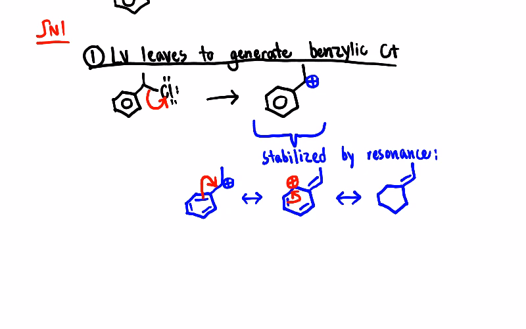We'll go ahead and draw that in. The positive formal charge is now on this carbon atom. And then we'll draw in the fourth and final resonance structure, I believe, here. We're going to move these pi electrons over to here to give us our fourth resonance structure.